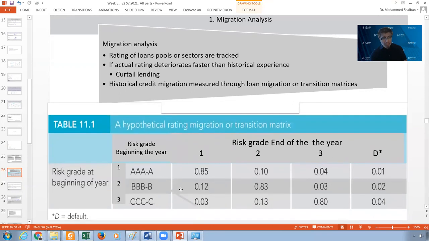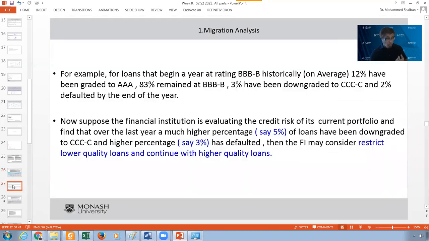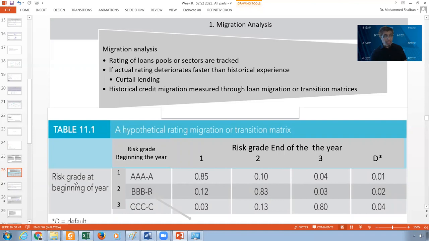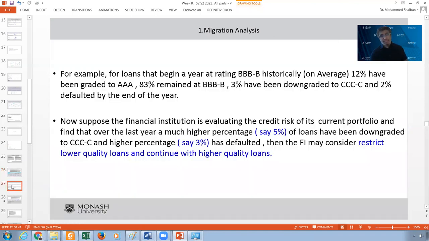Now, assuming I'm investing in B, my investment is in this category. When I come to the real companies that I'm holding, I find more than the industry: say 5% moved to C, while here only 3% moved to C. This means I am holding the worst in the industry, or maybe below average, because the companies I'm investing in, their bonds, go 5% while the whole industry goes 3%.